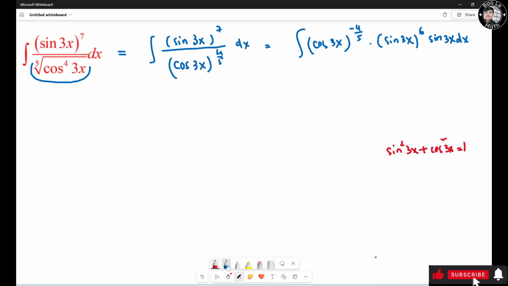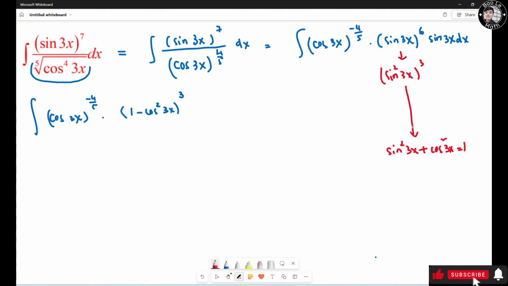So this guy turns out to be the integral of cosine of 3s to the negative 4/5 times 1 minus cosine square of 3s altogether raised to the power of 3, because this one right here, I can rewrite as sine of 3s square altogether raised to the power of 3. So I can apply this formula right here.